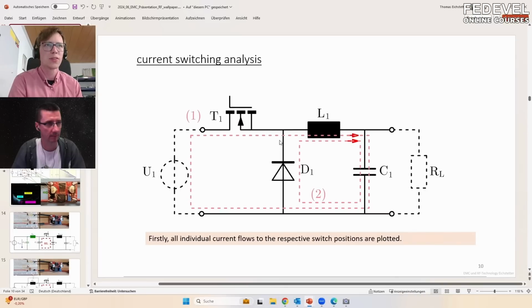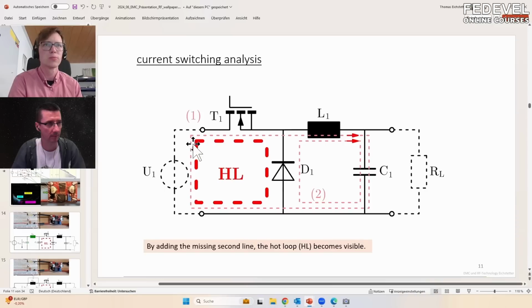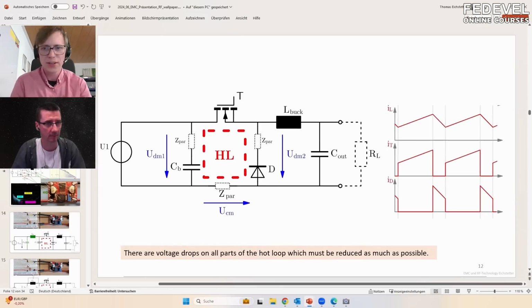It's here over the transistor, over the diode. Then here you can also see only one line. So this is then the hot loop. The hot loop is this area where the current is changing a lot, and therefore when you change the current over a part of the line, then it is induction which you will get.